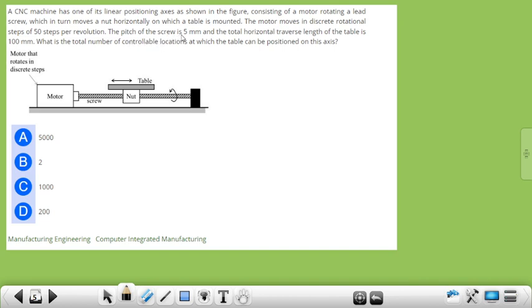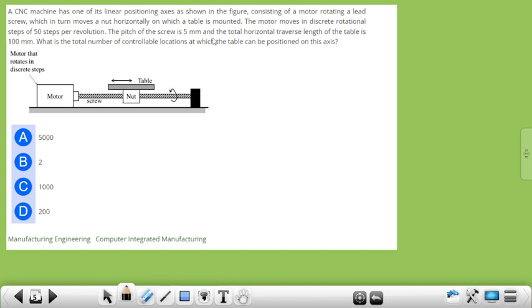The pitch of the screw is 5 mm and the total horizontal travel length of the table is 100 mm. Then what is the total number of controllable locations at which the table can be positioned on this axis? This is the figure. This is the motor, and this is the screw, and this is the nut, and this is the table.